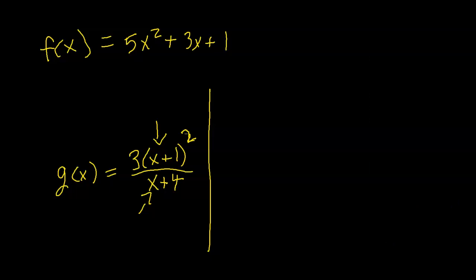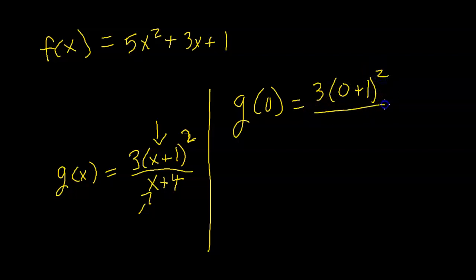Let's try to evaluate g of 0. Another pretty simple one. Wherever the variable x appears in our original formula, we're going to replace it with the value 0. The numerator is going to be 3 times 0 plus 1 squared, divided by 0 plus 4. That becomes 3 times, what is 0 plus 1? Well, that's just 1.